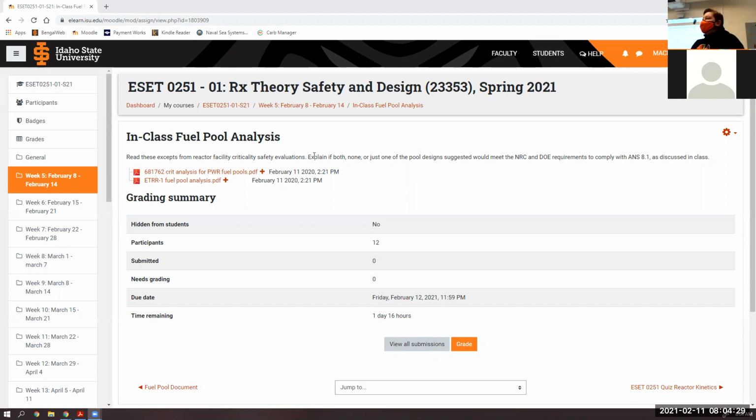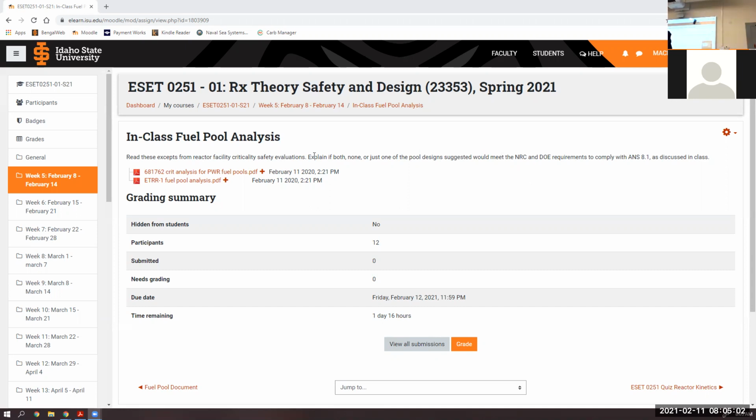And you're going to tell me, based on what we've been discussing about controls, alarm systems, redundancy in our quick controls, do you think one, both, or neither of these fuel pools would be approved designs for storage to prevent criticality? This is something that you will absolutely be part of doing in the workplace.